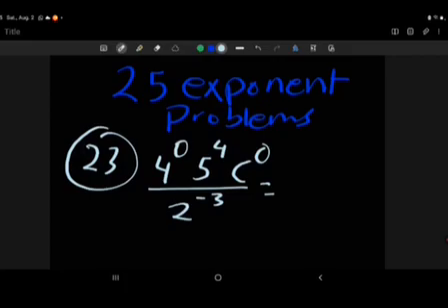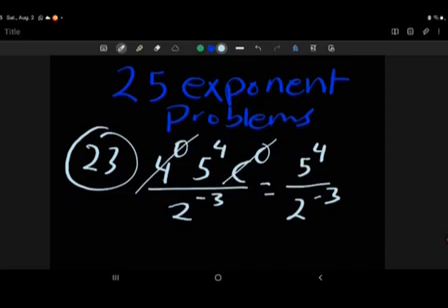So, of course, 4 to the 0th power becomes 1. C to the 0th power becomes 1 for reasons that we gave earlier. And then we're left with 5 to the 4th power divided by 2 to the -3 power. Okay, so now we still have a negative power.